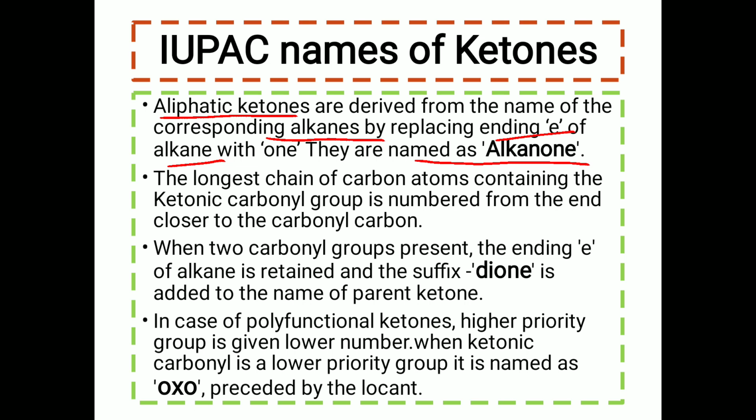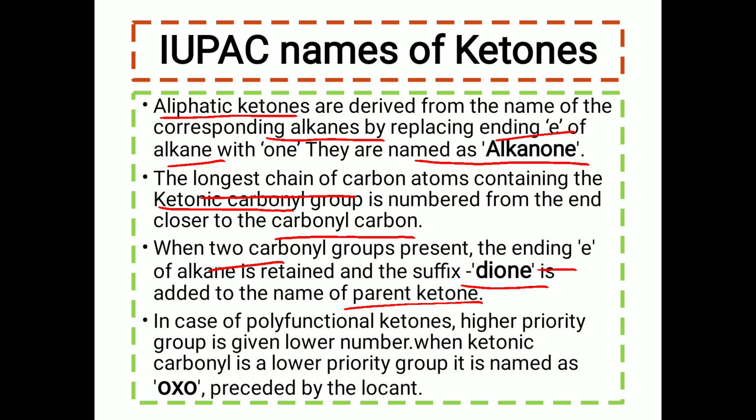Now the second rule is: the longest chain of carbon atoms containing the ketonic carbonyl group is numbered from the end closer to the carbonyl carbon. It means the carbonyl carbon which is nearest is written as the first carbon atom. When two carbonyl groups are present, the ending E of the alkane is retained and the suffix dione is added to the name of the parent, as we studied in the case of aldehyde and carboxylic acid.